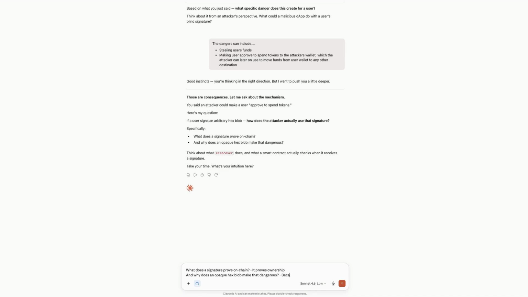Because the opaque hex blob can have data which represents transferring the user's ETH balance or any other token balance.